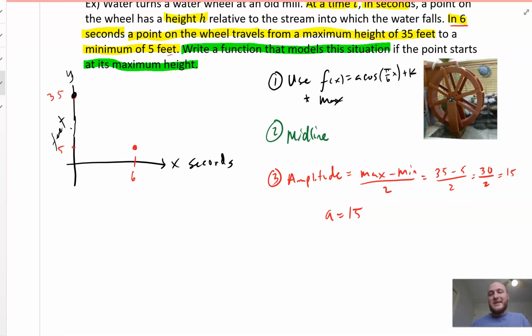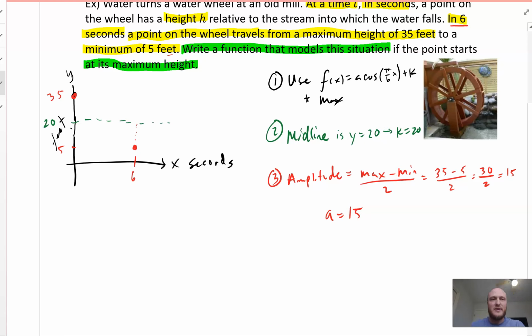This allows me to determine the midline, because the distance from the midline down to the minimum is our amplitude. If I take 5 and go up 15 feet, that gives us our midline, which occurs at 20. So the midline is y equals 20, which implies that k is equal to 20.